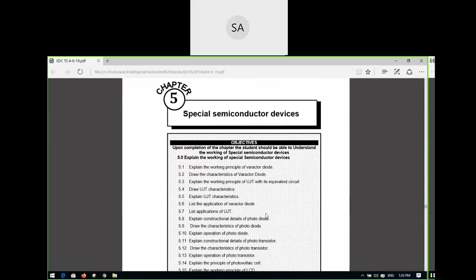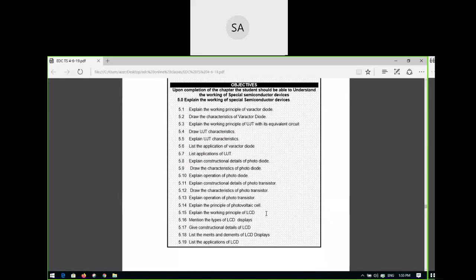So we will go to the fifth chapter, special semiconductor devices. What are special semiconductor devices? Different semiconductor devices. Up to now we have seen normal components, semiconductor devices such as transistor, MOSFET, as well as some amplifiers.